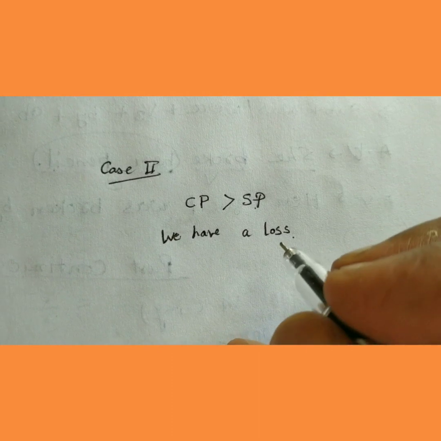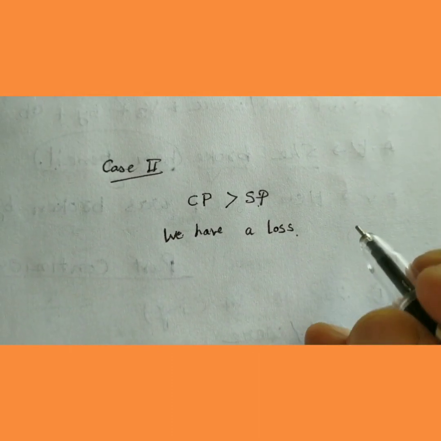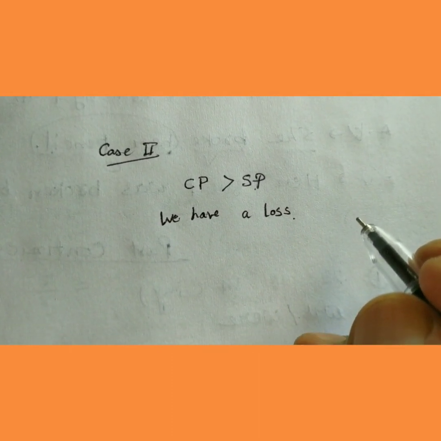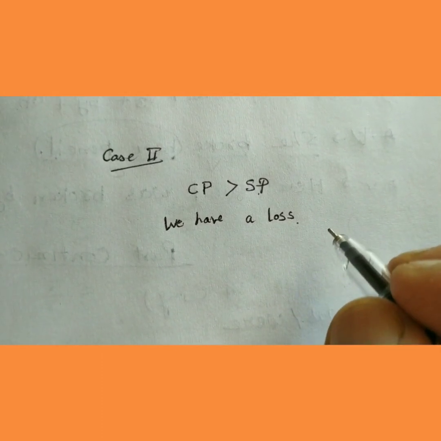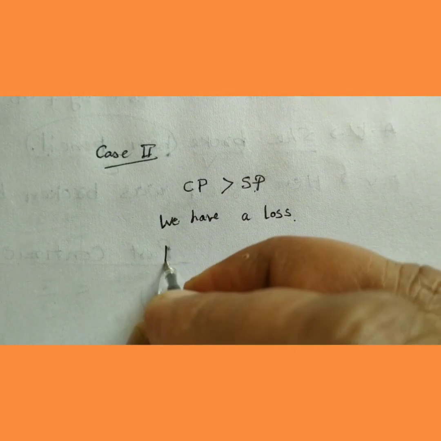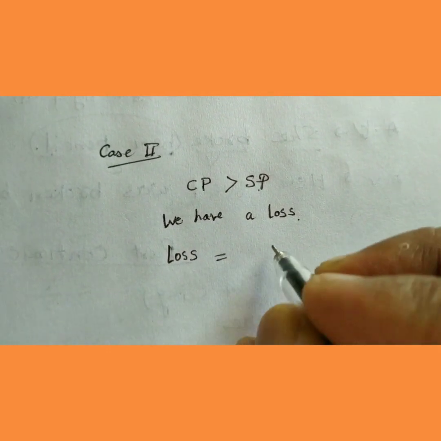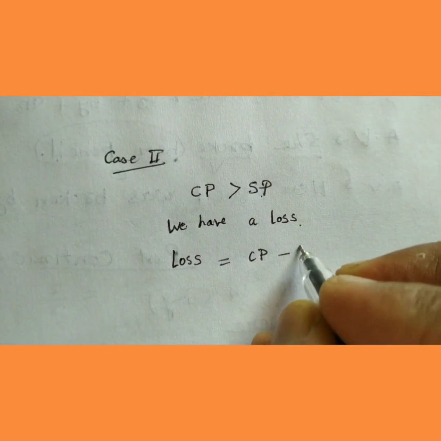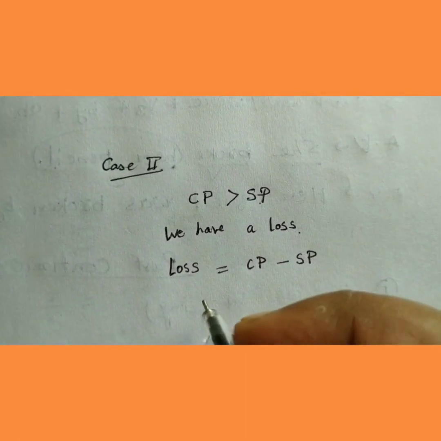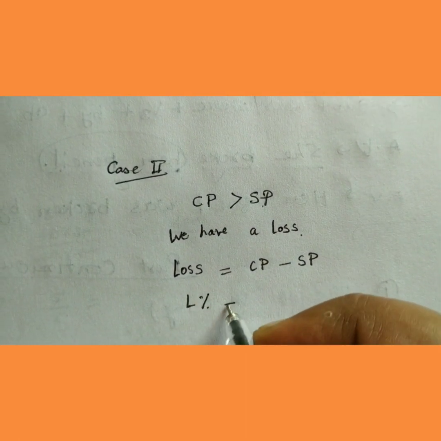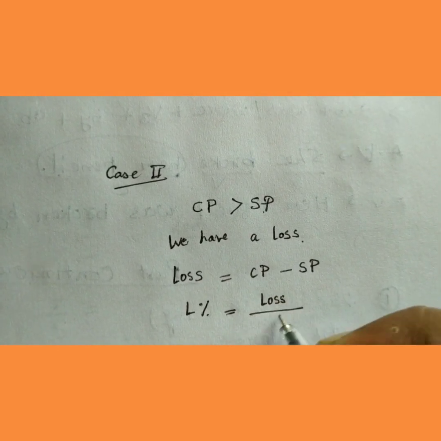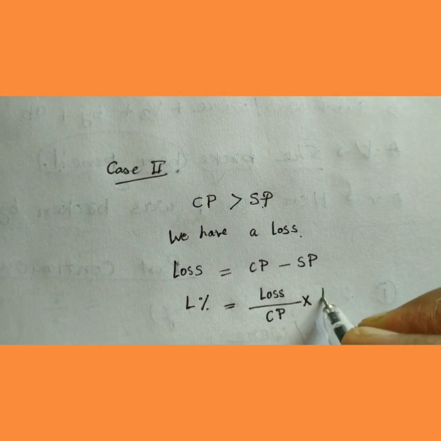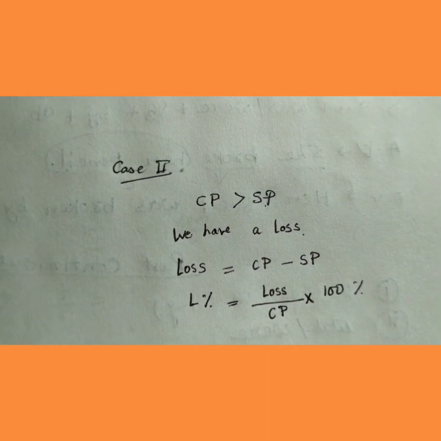This means that you are buying the pen in ₹5 and selling it at ₹4. This means that you have a loss, and loss is equal to cost price minus selling price, CP minus SP. And loss percent is equal to loss divided by cost price multiply 100%.